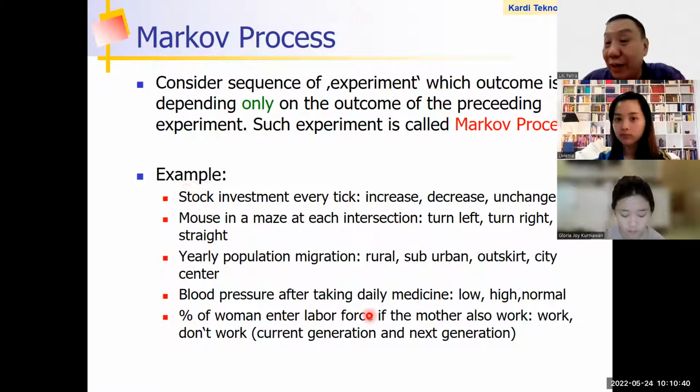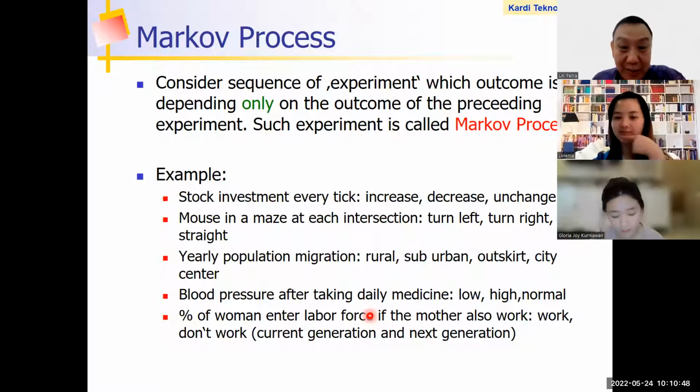Now, applications. You always ask, Leafy and Joy usually always ask, what is the application of this? So everything that you can put into discrete states, you can put into Markov.